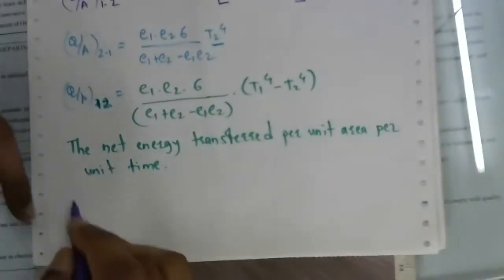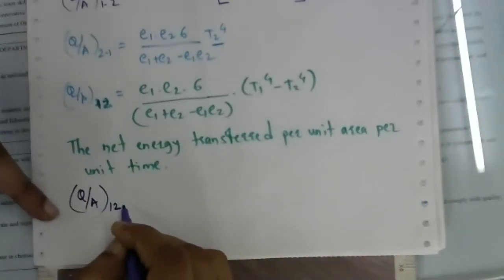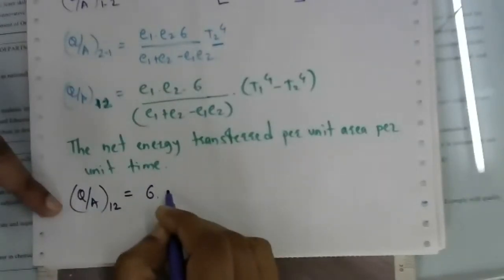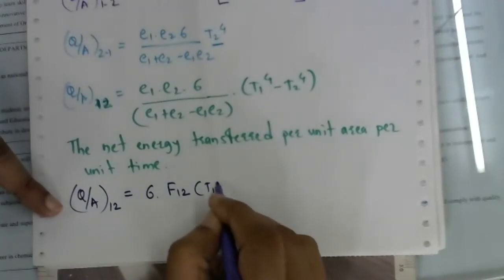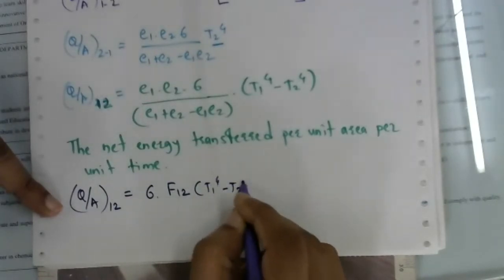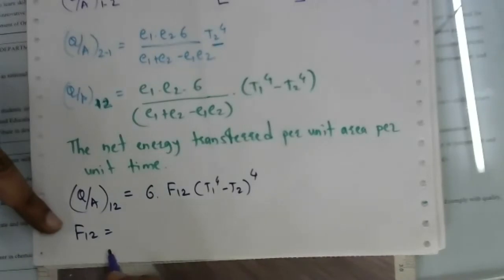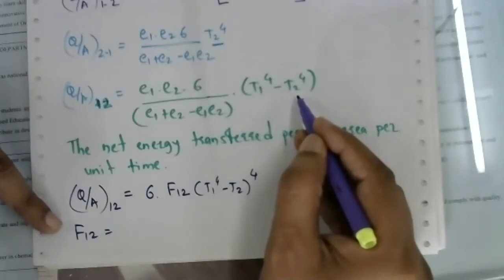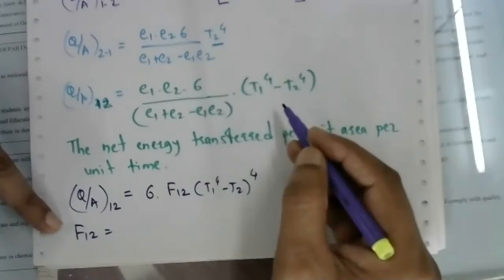So we can write this equation as Q by A 12, that is net transfer of energy, equals sigma F12 into T1 raised to 4 minus T2 raised to 4, where F12, you can observe this sigma T1 raised to 4 minus T2 raised to 4. So obviously the remaining things are F12, right?